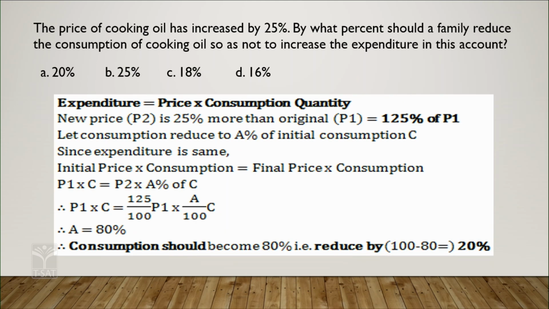The price of a cooking oil has increased by 25%. By what percent should a family reduce the consumption of cooking oil so as not to increase the expenditure on it? Now, as you know, inflation is going on, increasing, but the salaries are not increasing. So the person wants to reduce the consumption of different goods, different articles.